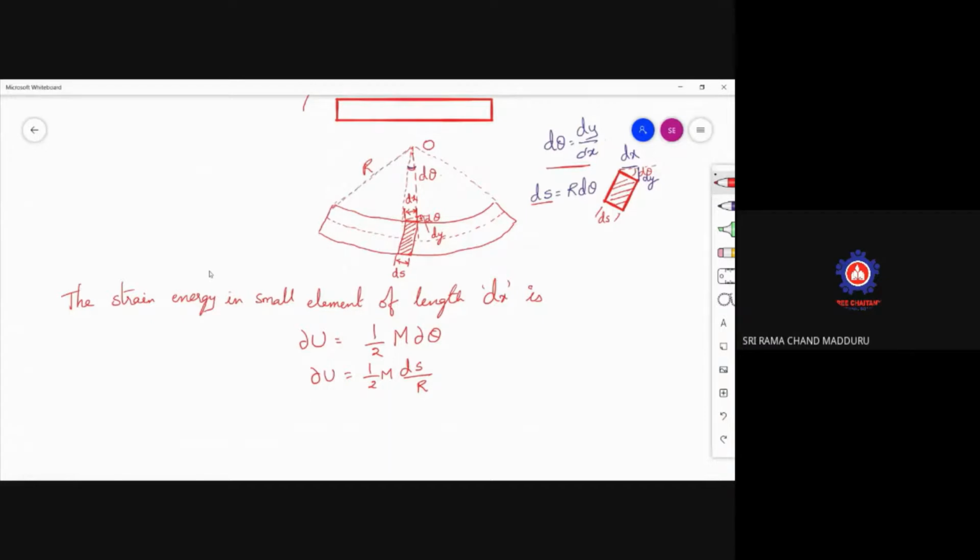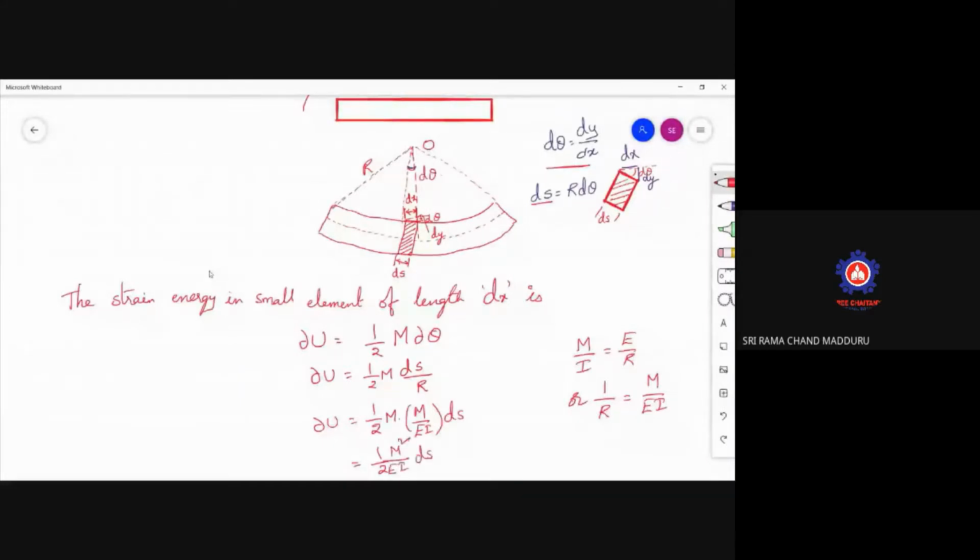We know that as per the flexural formula, M by I is equal to E by r, or 1 by r is equal to M by EI. Yes or not? 1 by r we call curvature, that is nothing but M by EI. So substitute here: M into 1 by r is M by EI, so dU is half into M squared by EI into ds.